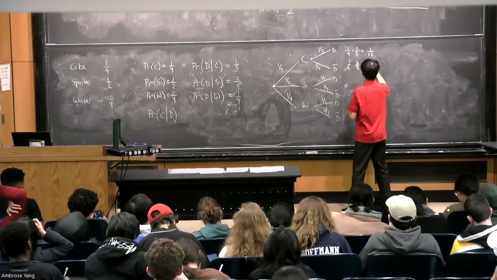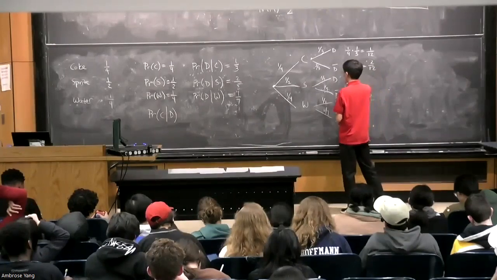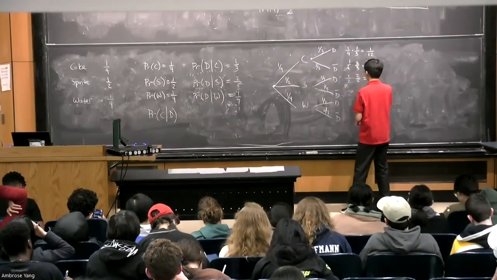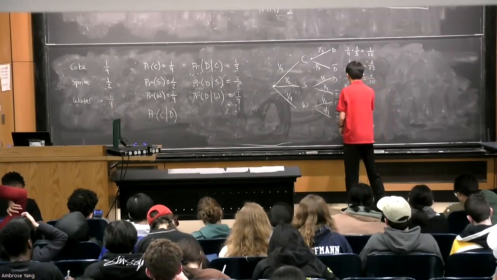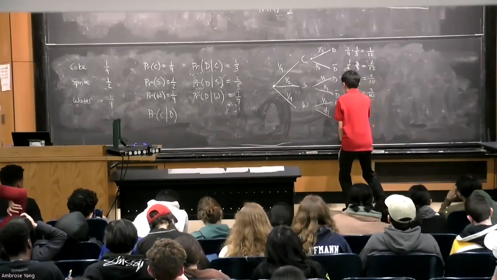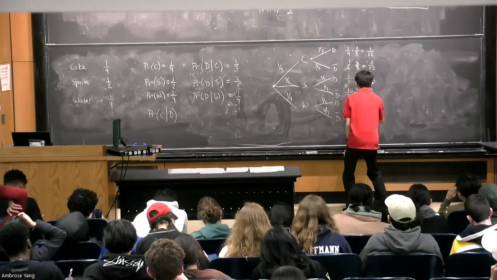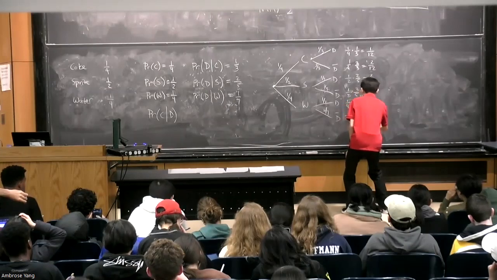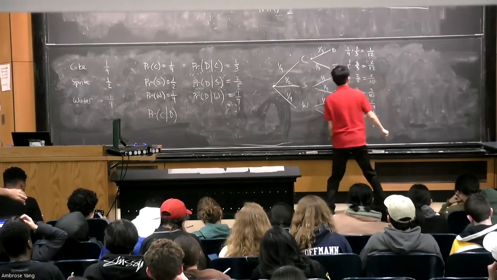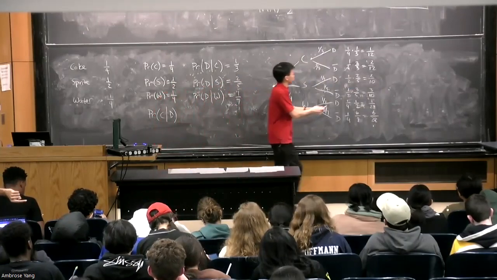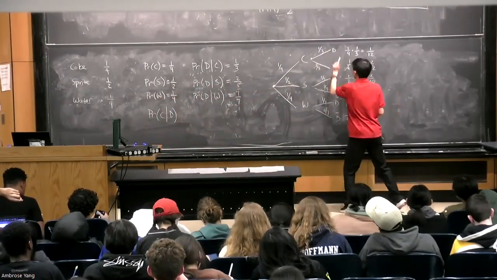So this is 1/2 times 2/5, which is 2/10. So now each of these probabilities are telling you, what's the probability you get a Coke and you drink it?